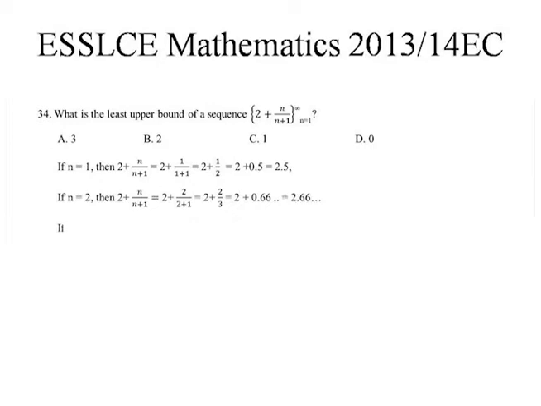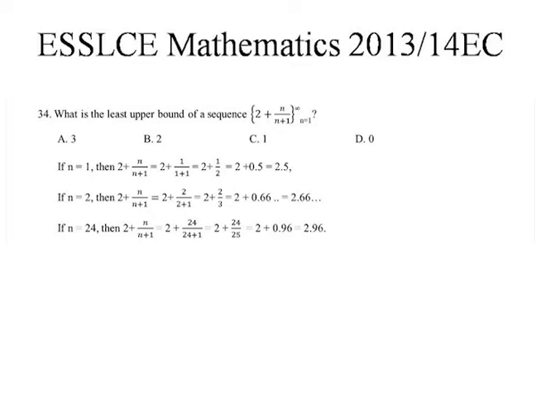If n is equal to 24, then 2 plus n over n plus 1 is equal to 2 plus 24 over 24 plus 1, which is equal to 2 plus 24 over 25. This gives us 24 over 25 is 0.96. Then 2 plus 0.96 is equal to 2.96.